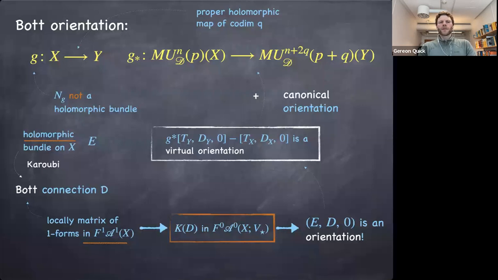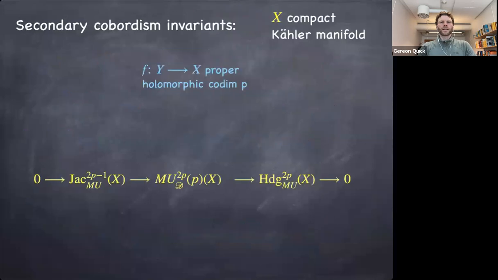Okay, and now I get back to it's almost the last slide, I promise. So now we get back to the Abel-Jacobi invariant and the short exact sequence that we studied some time ago. Okay, so now if we start with a proper holomorphic map, so Y is also a complex manifold, then we can associate to its fundamental class in cobordism that lives actually also in this subgroup of MU Hodge classes.